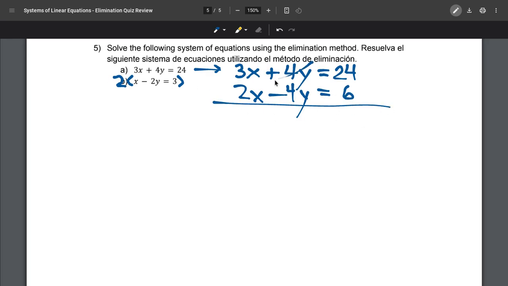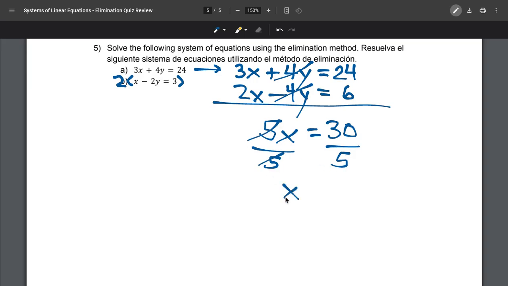All right, so the y's cancel. 3x plus 2x is 5x. And that's equal to 24 plus 6, which is 30. Okay, to solve for x, we just divide both sides by 5. 5's cancel here, and we get x equals 30 divided by 5, which is 6.